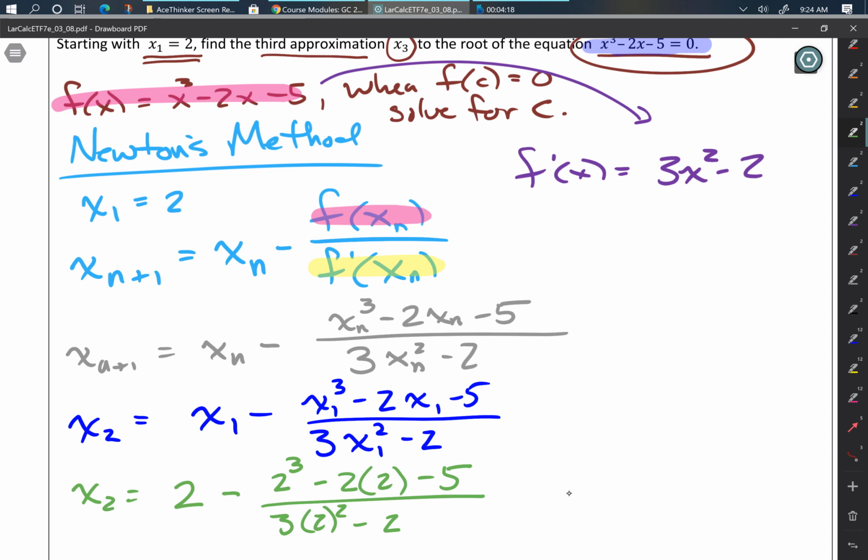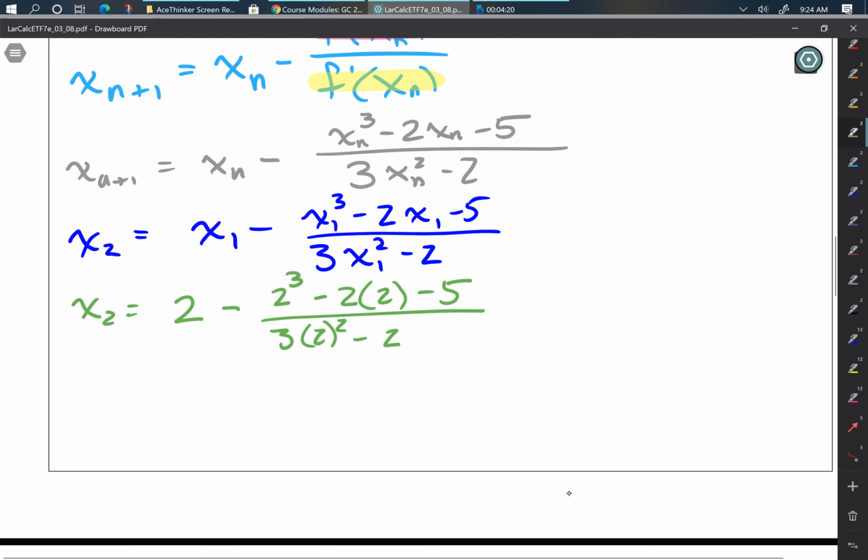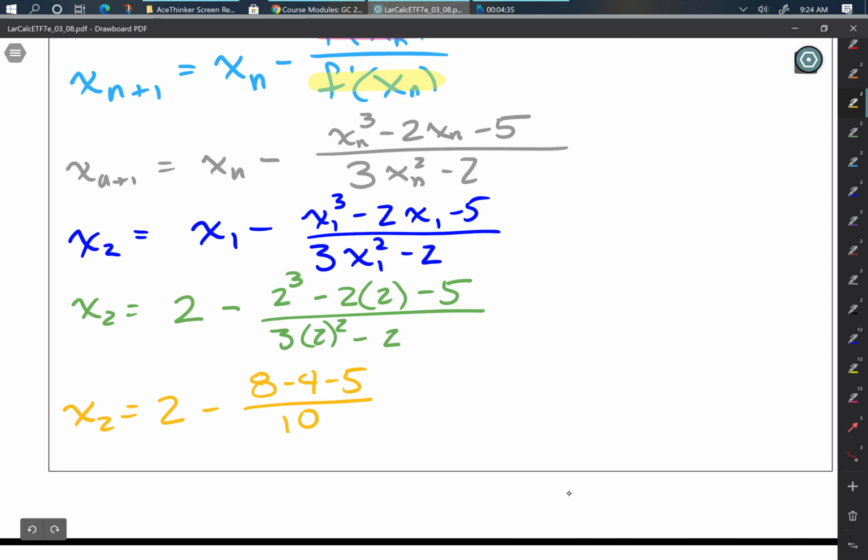Okay, that feels much better. Now I just need to grind out a whole bunch of arithmetic here. So x sub 2 is equal to 2 minus 2 cubed is 8 minus 4 minus 5 divided by 12 minus, so divided by 10. So we've got, what is that going to be? 2 plus 1/10, or 21/10. So there's my x sub 2.